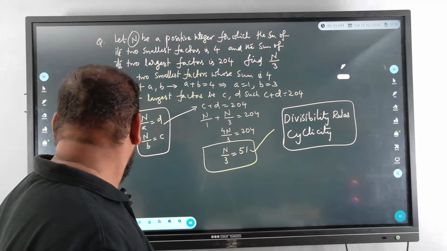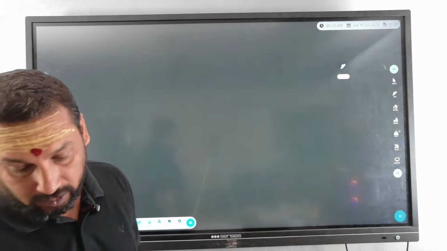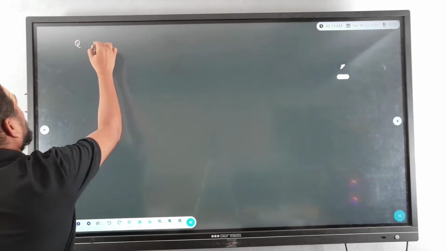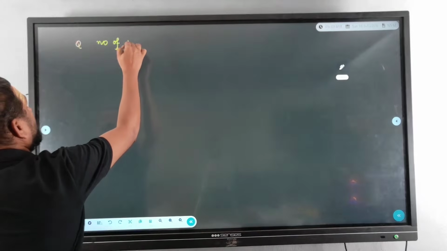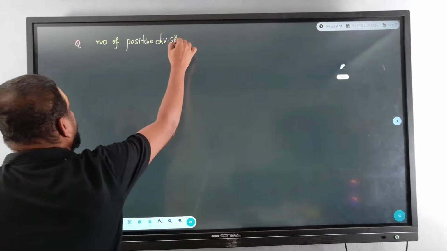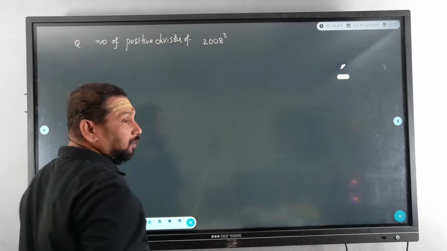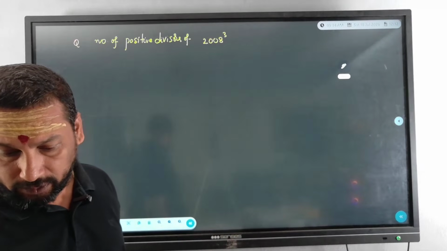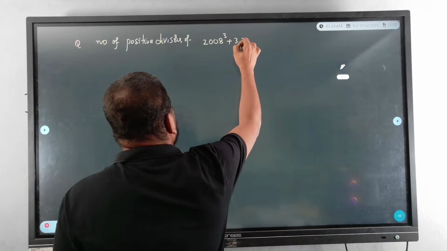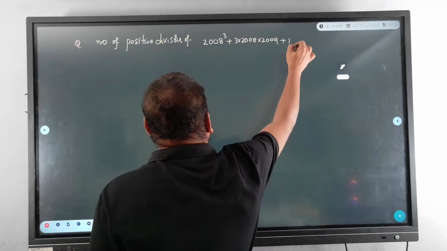Before that, solve this question. Number of positive divisors of 2008 whole cube plus 3 into 2008 times 2009 plus 1 whole cube.